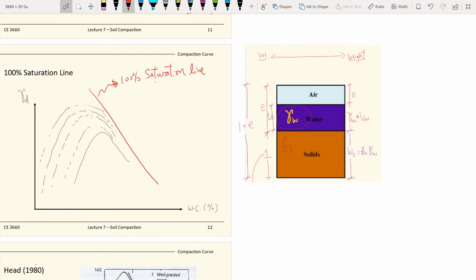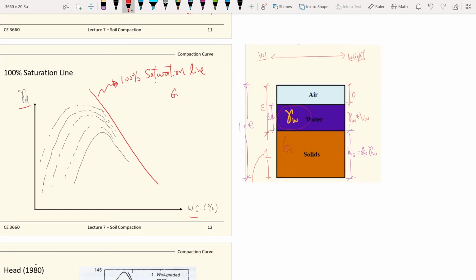The goal here is to set up the equations for the 100% saturation line. This line sits under the solid compaction curve, with the y-axis being the dry unit weight and the x-axis being the water content. So we want to set up our equations.